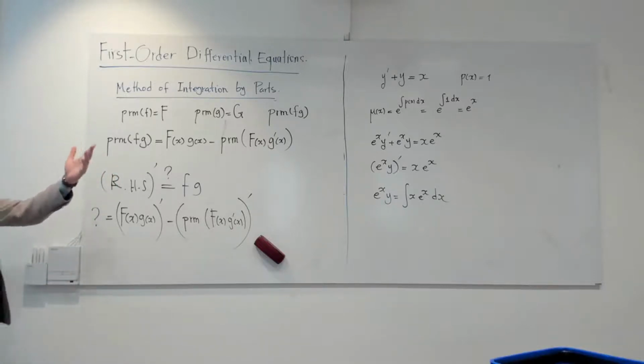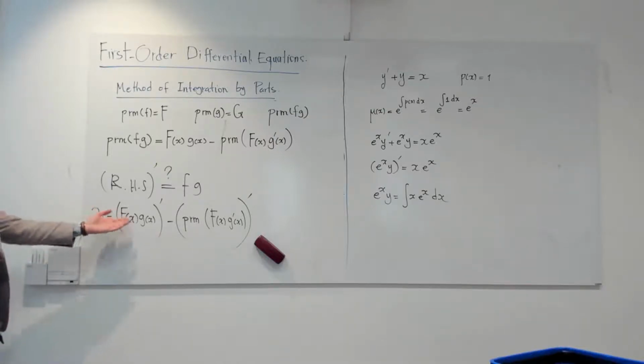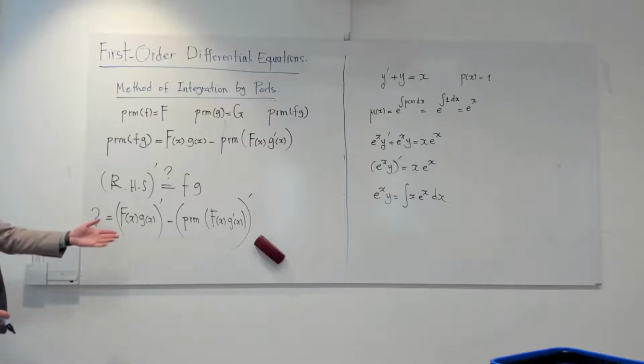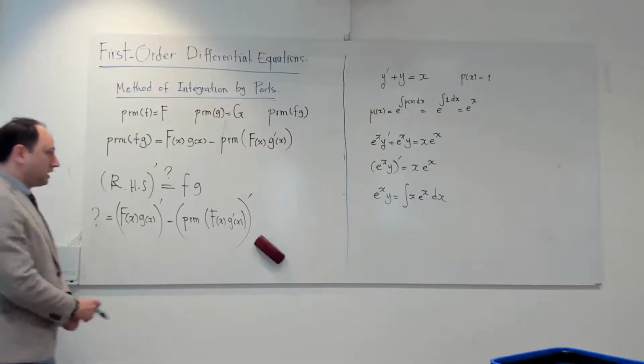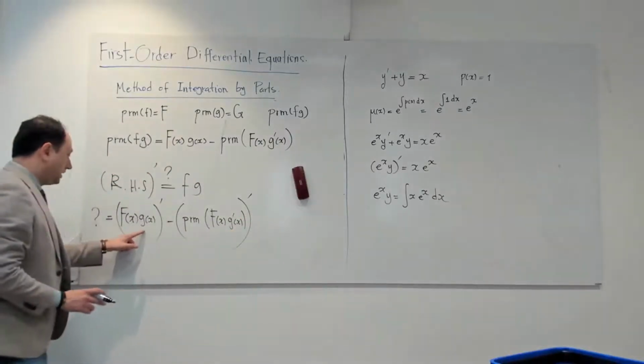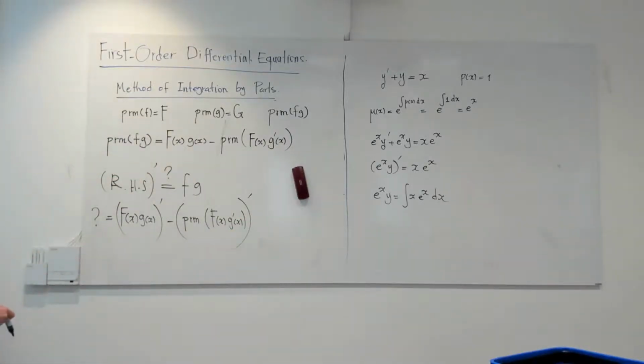On the right-hand side, I have two terms subtracted, and I want to differentiate it. So I have to differentiate the first term minus I have to differentiate the second term. But let me ask you, what can you write for this one?